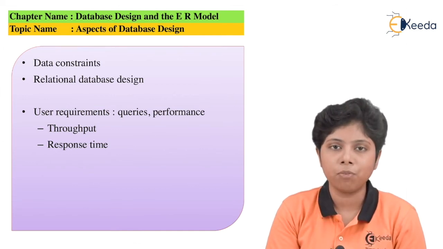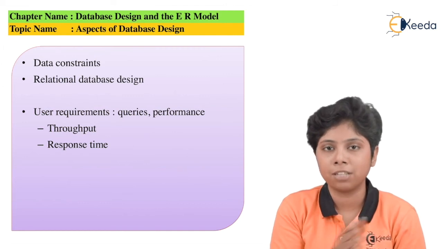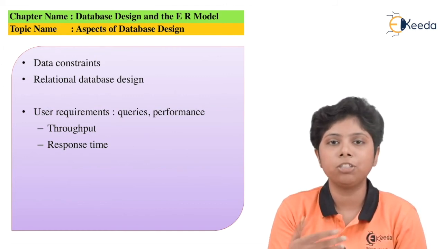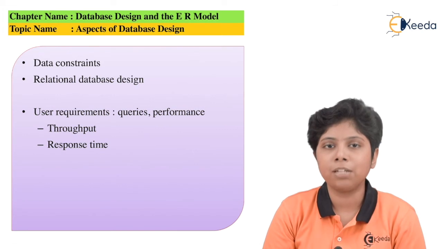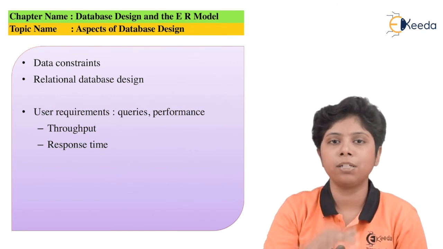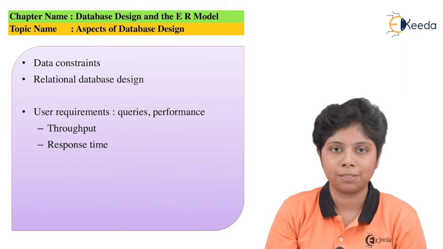So the time required to start the query and end it, or start the transaction and end it according to the need of the database, is known as the response time. We should always increase the throughput and lower the response time. That is the design of an ideal database.